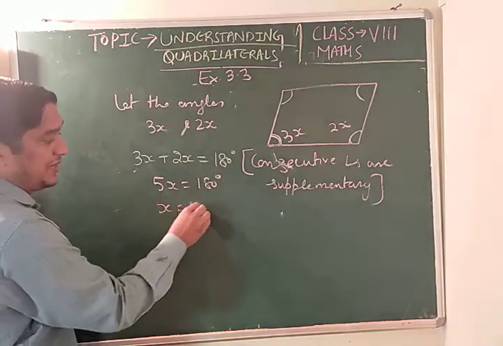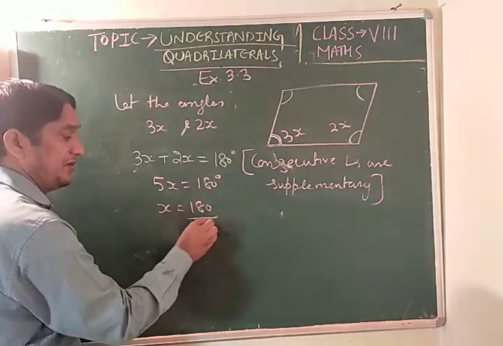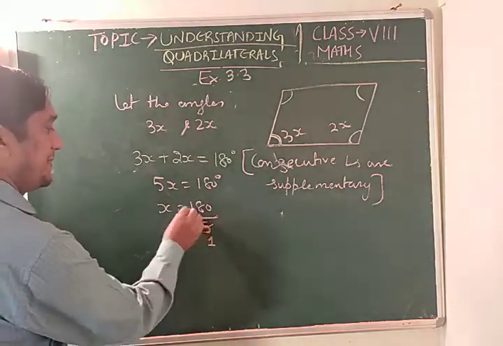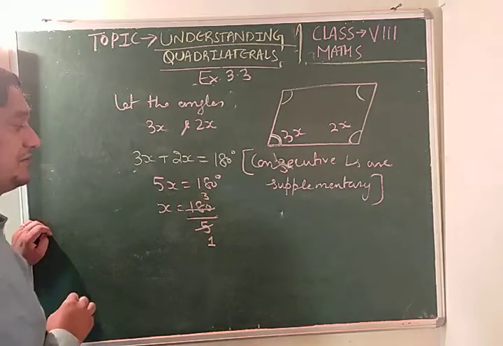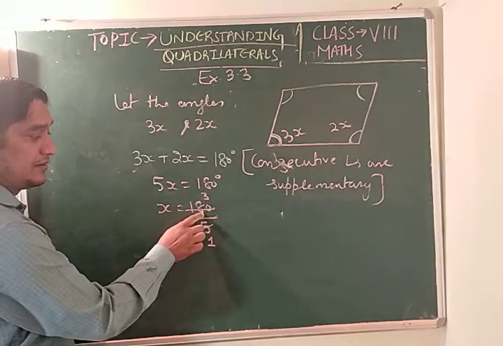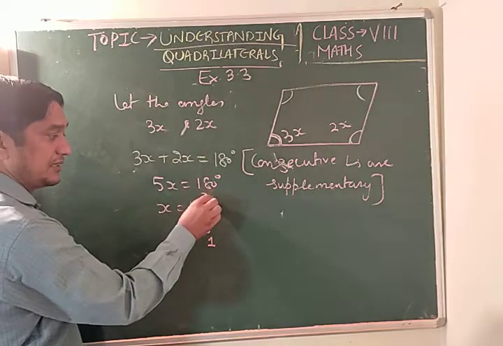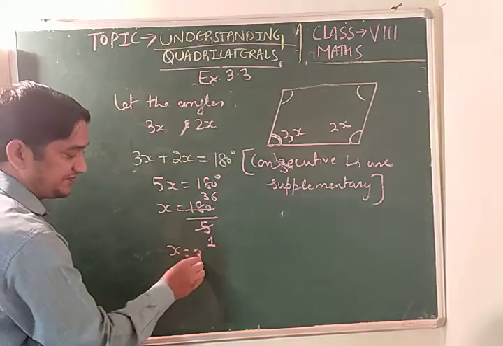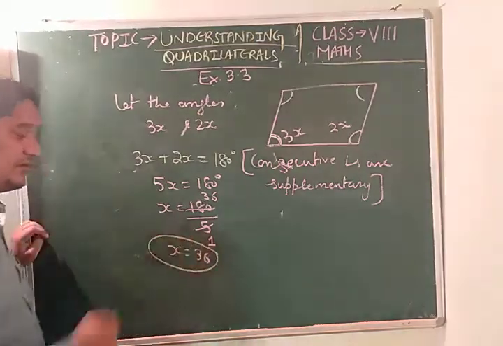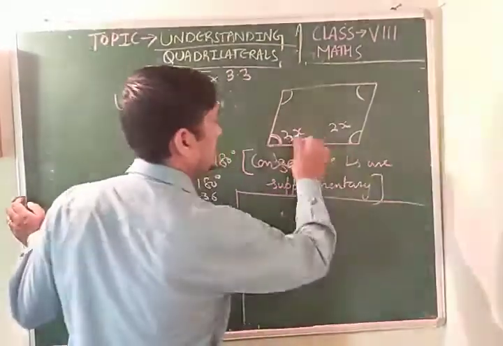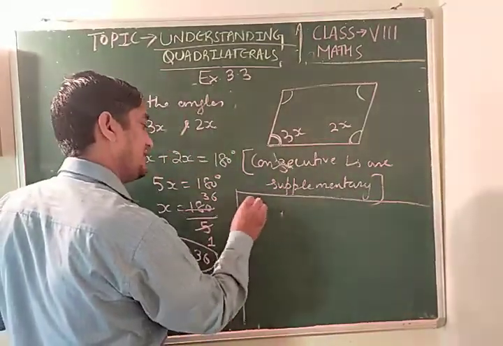Now x equals 180 upon 5. Now divide this. 5 ones are 5, 5 threes are 15, then 30, 5 sixes are 30. The value of x is 36.